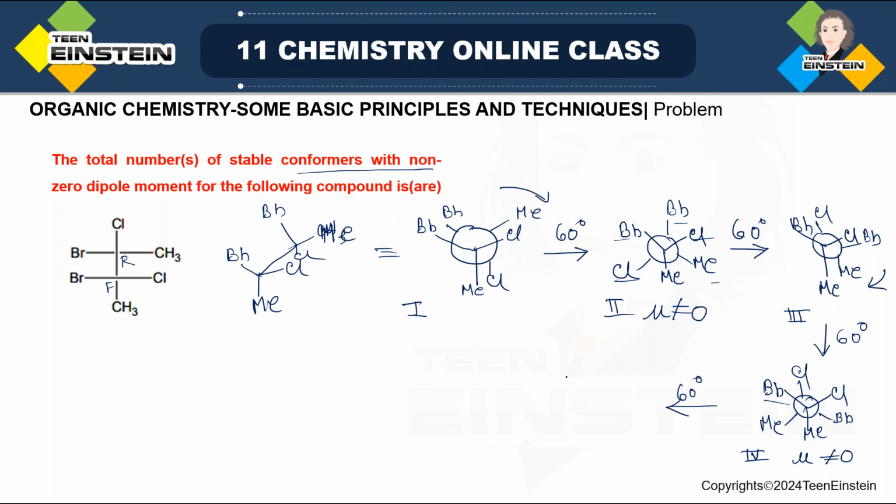Further, if I rotate 60 degrees, keeping the front carbon constant, now chlorine is here. This is again something unstable, so we cannot consider it. And finally, a further rotation of 60 degrees.